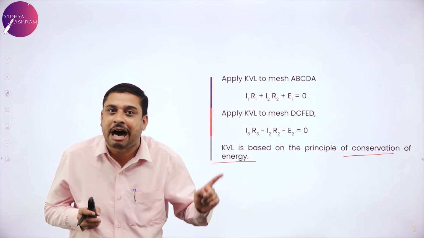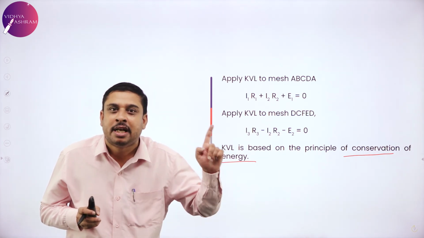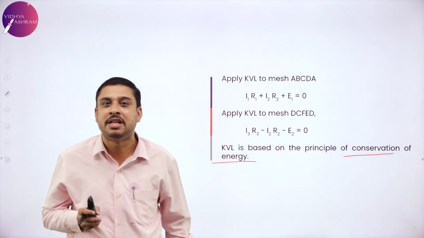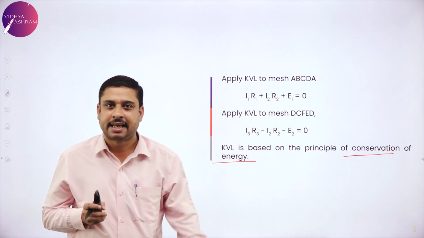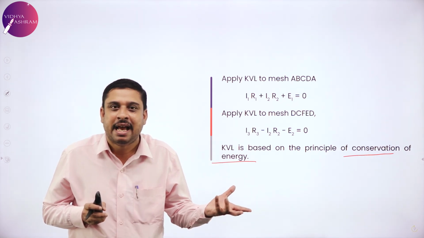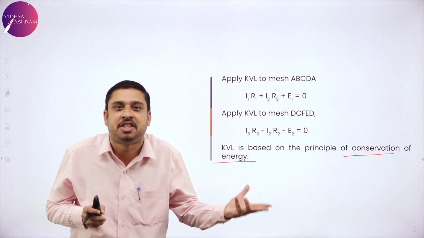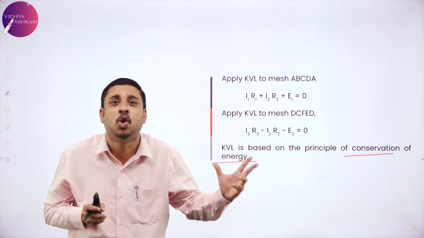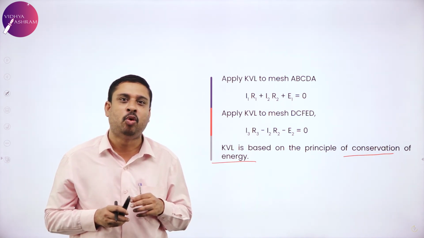The sum of the currents entering the node should be equal to the sum of the currents leaving the node. And it was the principle of conservation of charge. KVL told that the algebraic sum of EMF and changes in potential around a closed loop of an electrical network is 0.